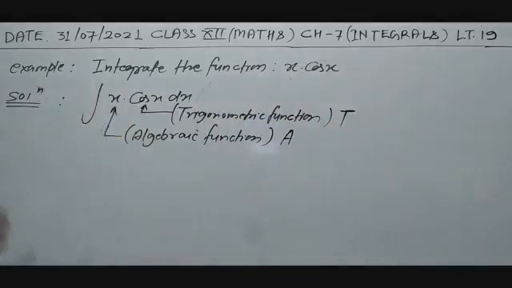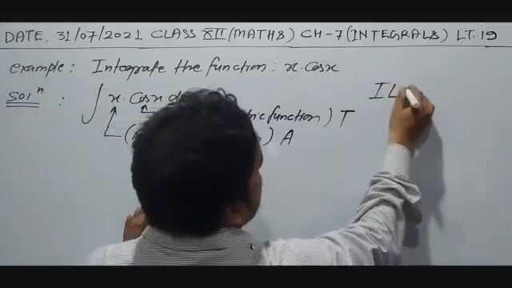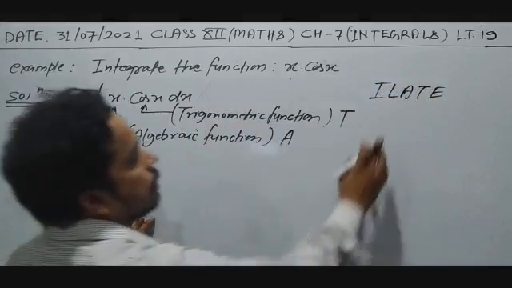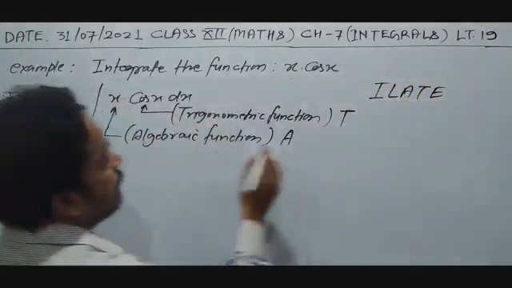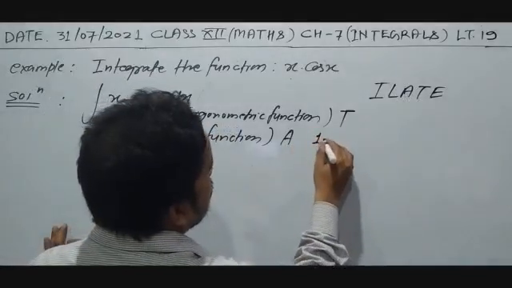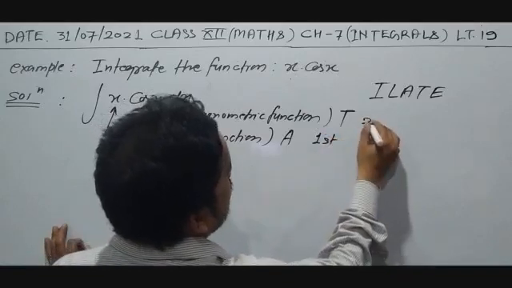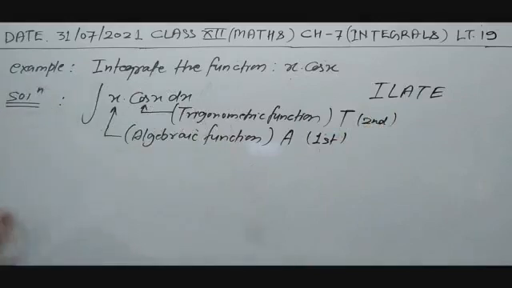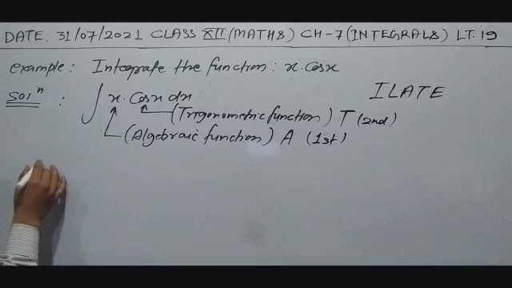And you have learned the trick ILATE. A comes before T, so you will consider this the first function. A is the first function and this is the second function. So again, see, we are going to integrate. And first of all, you will write the formula.